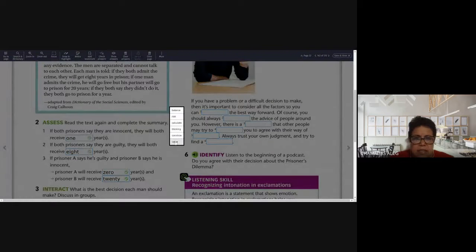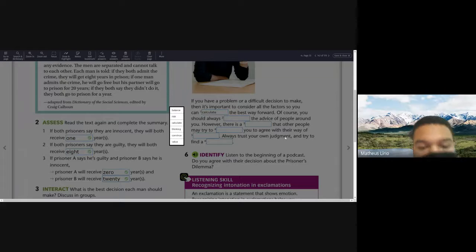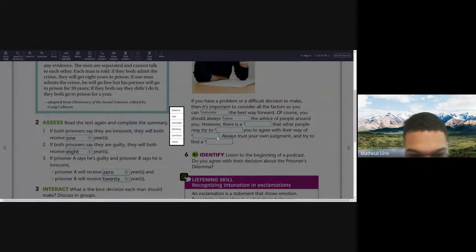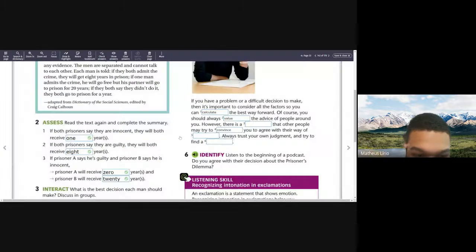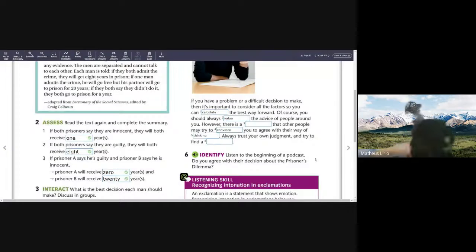So let's see that. Of course, you should always value the advice of people around you. Okay. However, there is a risk that other people may try to convince you to agree with their way of thinking.